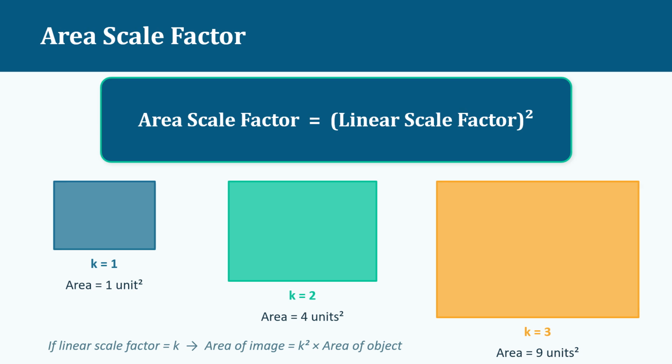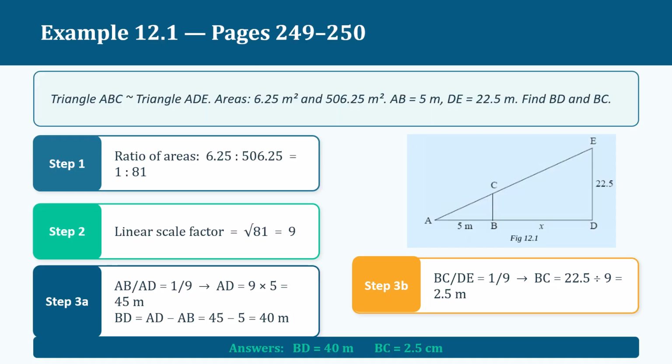The original square has an area of 1 unit square. So the area scale factor now is 9 divided by 1, which is 9. The linear scale factor is 3 divided by 1, which is 3. So this relationship still holds. Now we can generalize to say the area scale factor is equal to the linear scale factor squared.